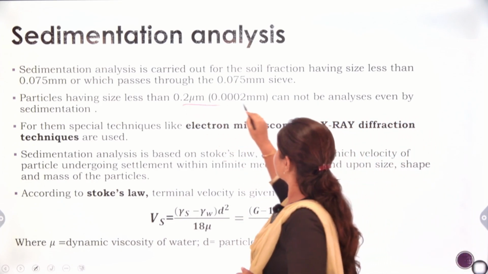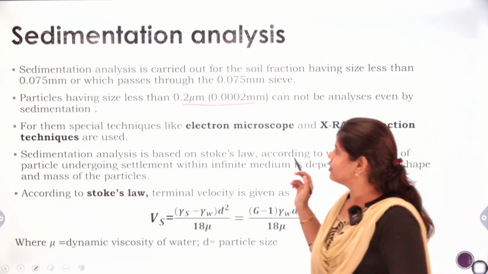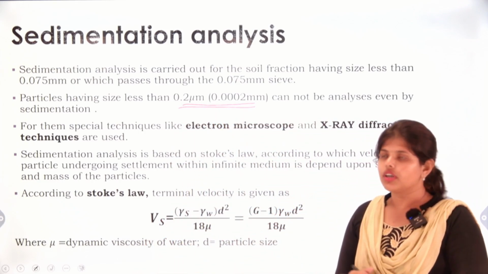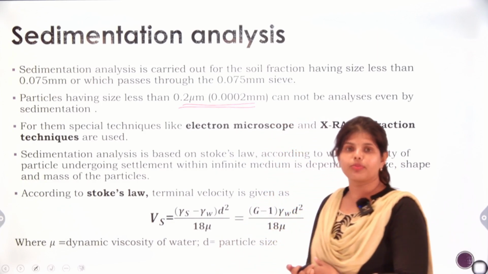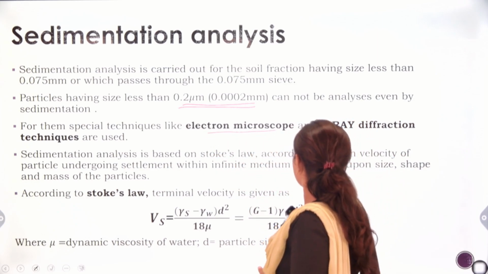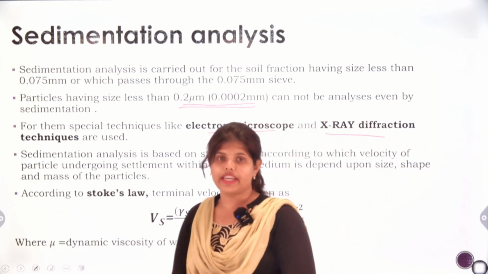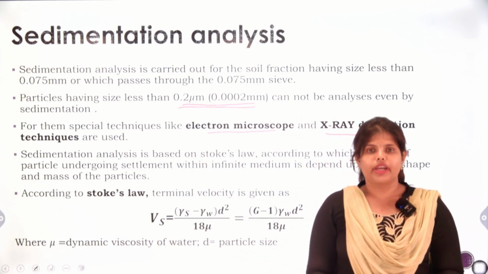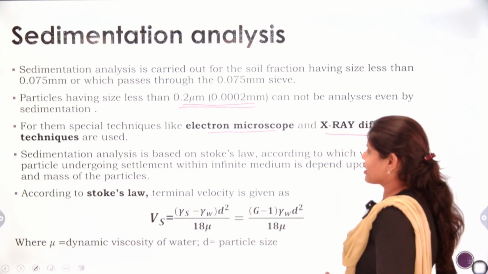So for soil size less than 0.2 micrometer, we will use what? Electron microscope and X-ray diffraction technique, right? When soil size is very small, less than 0.2 micrometer, we use electron microscope and X-ray diffraction technique.